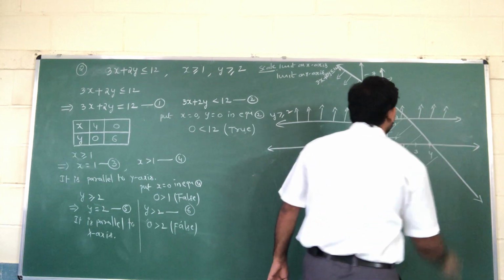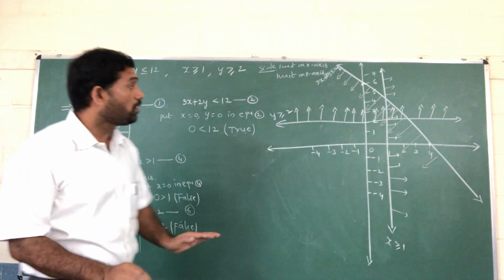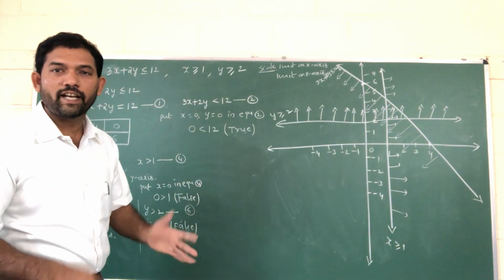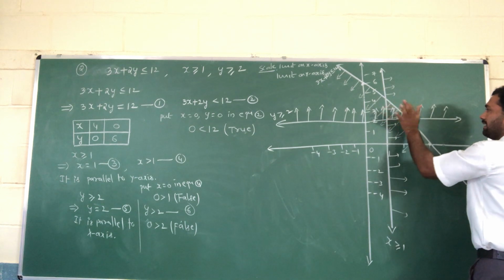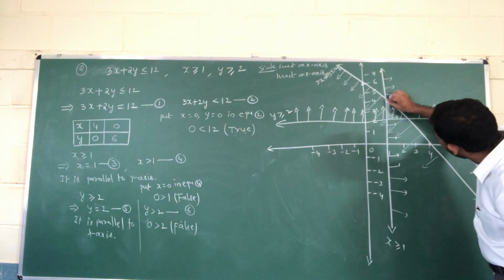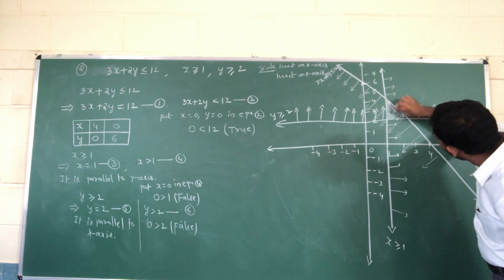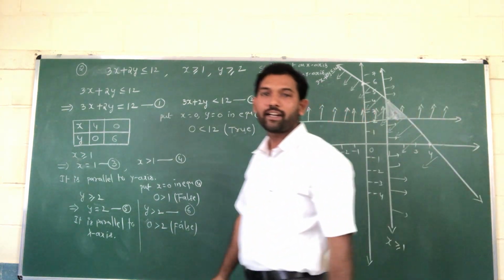Now you put arrow marks like this. Okay? Each solution is represented. So where are all the solutions intersecting? This area, all lines are intersected. So that is our solution region.